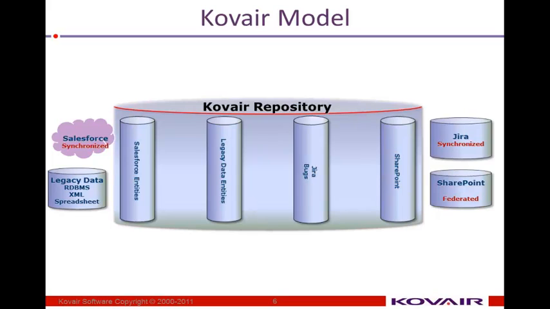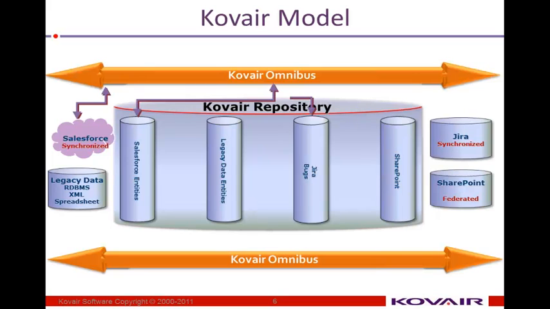Once we have that, we have this technology called the Kovair Omnibus, which is the integration middleware. Using Kovair Omnibus, we have the adapters for these different applications, which will synchronize some of them, and for some of them federate the data back to the Kovair repository in those proxy entities. Now, what's the difference between synchronization and federation?